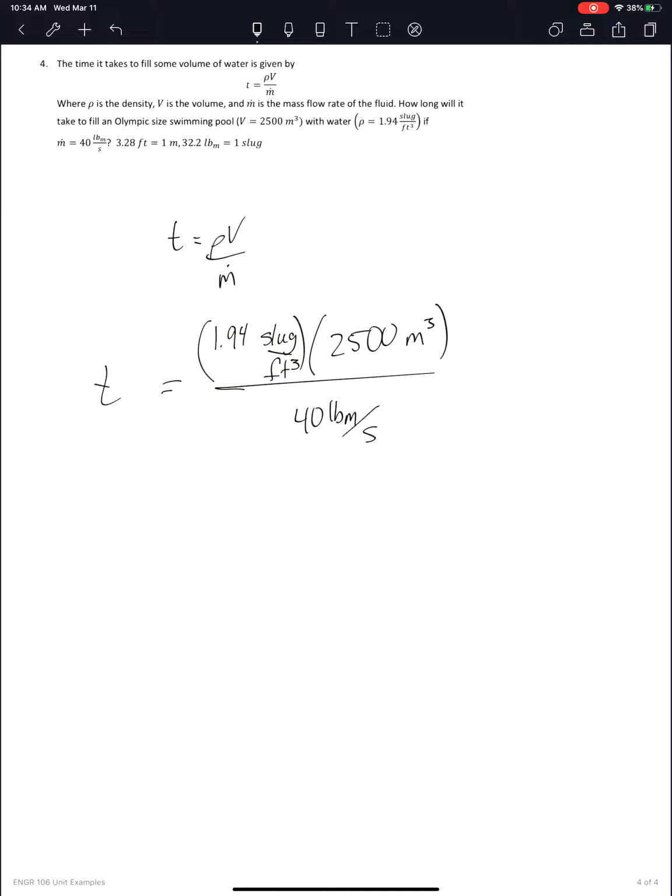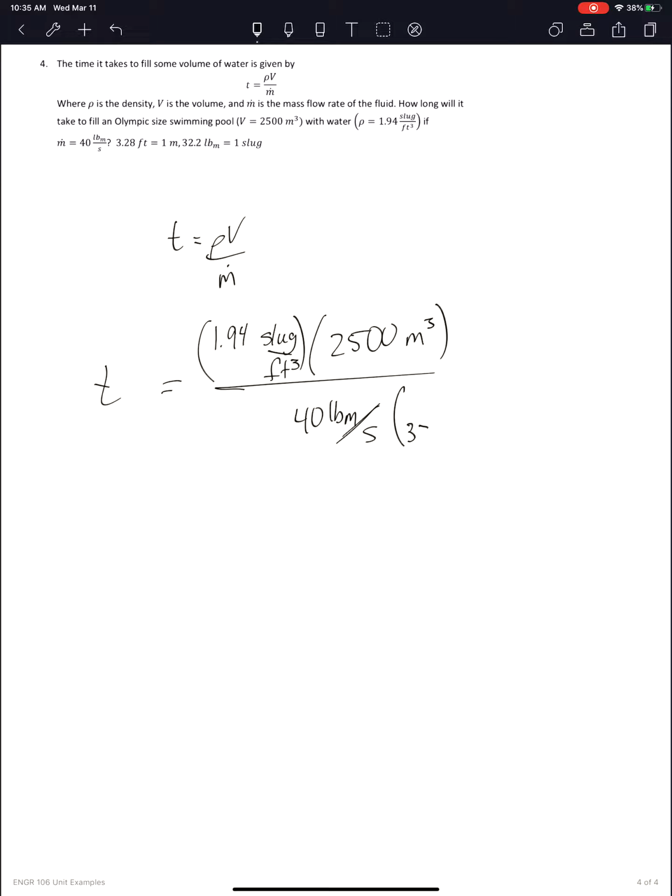I can think about a way to try and work this out, but I'm not going to think too hard. My strategy is going to be convert to standard units in one system or another. So what I'm going to do is convert this to US standard units. On the bottom here, I'm going to convert pounds mass to slugs.